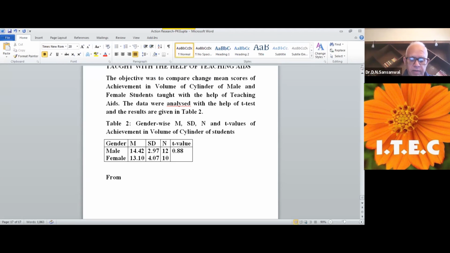From table 2, it can be seen that the t value is 0.88, which is not significant.